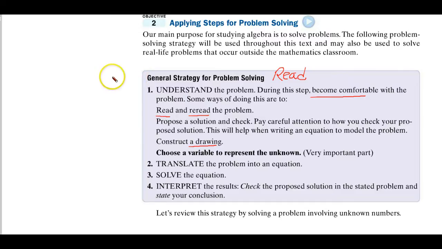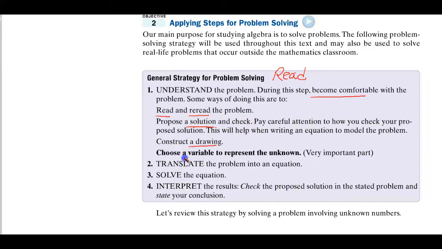We'll do that for rectangles. We'll do that for boards, a length of a board. We're going to try to visualize what's in the word problem to put it into an algebra problem, and we're thinking of a possible solution, getting an idea what we should have at the end.